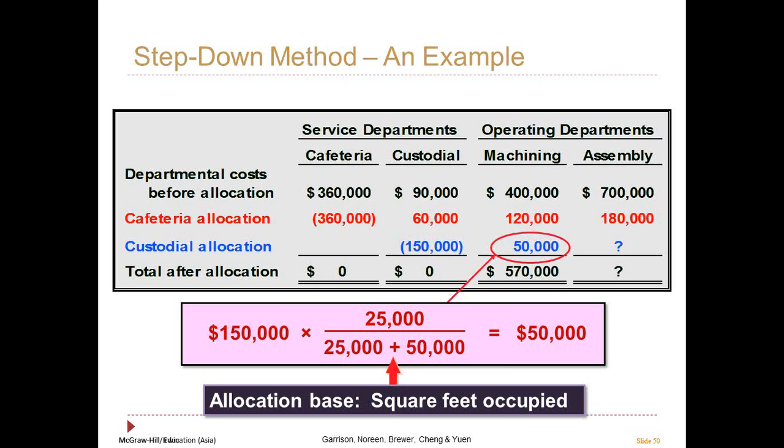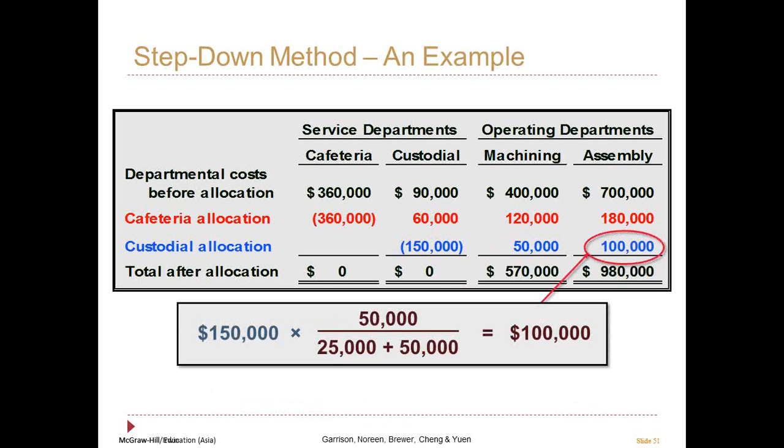For machining, the allocation percentage is 33.33%, obtained by dividing 25,000 square feet by 75,000 square feet. Next, we multiply the allocation percentage times the service department cost. To allocate custodial cost to machining, we multiply 33% times 150,000 and get $50,000.